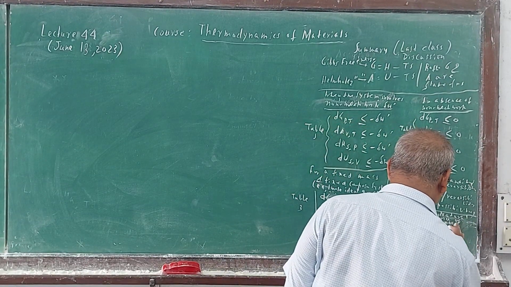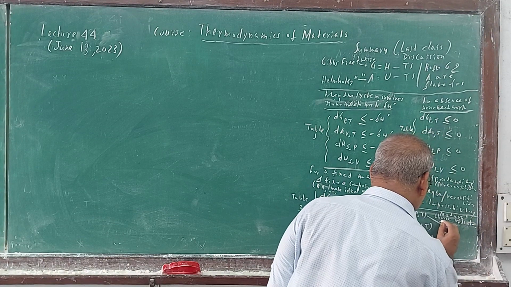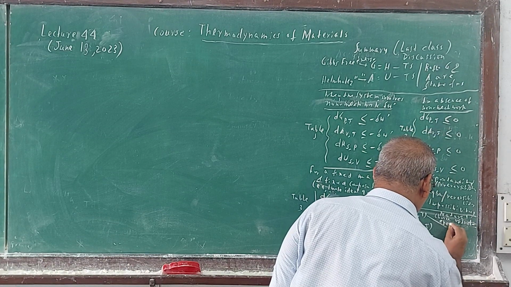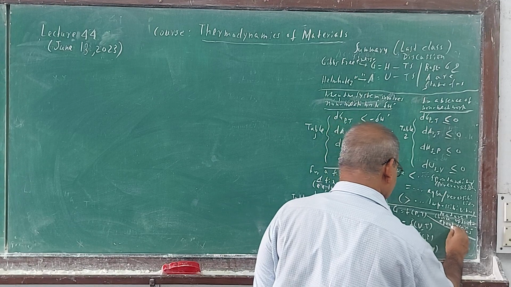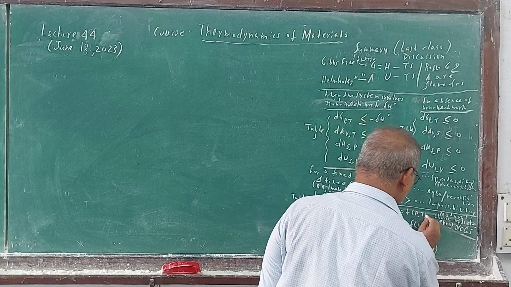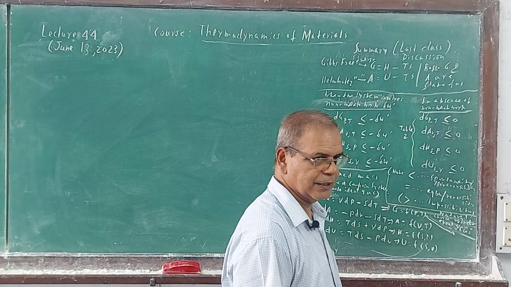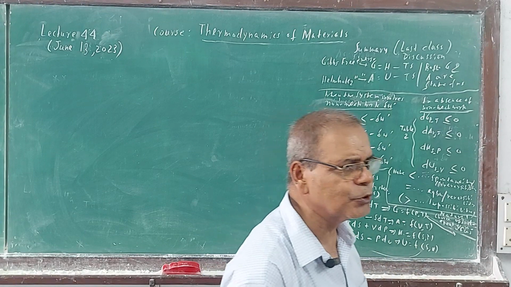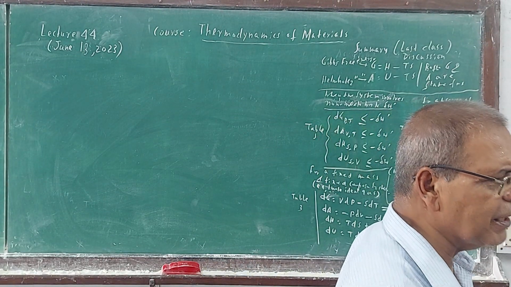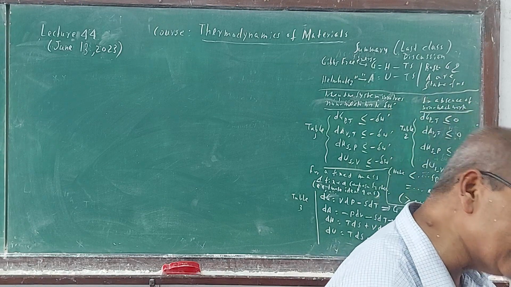Write this: independent variables. Natural choice of this is the list. The state is given by how many variables? Two means any two.